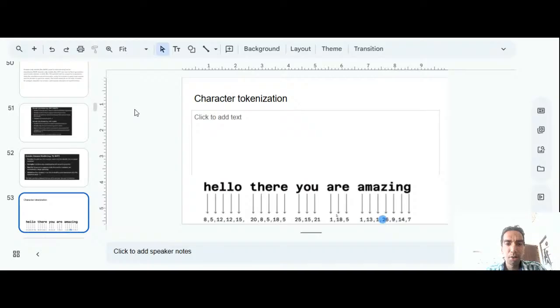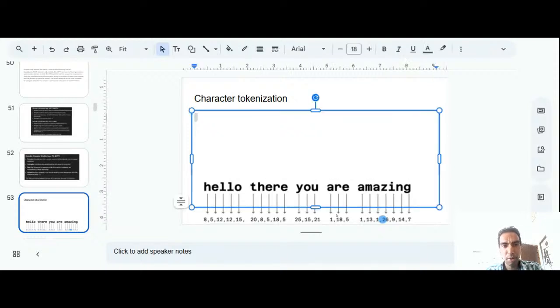So this is character tokenization. Can you see it? Are you able to see? Yes, sir. You can see that every letter is being converted into a token ID because we have a fixed vocabulary. A is mapping to 1, B is mapping to 2, C is mapping to 3, like this, Z is mapping to 26.